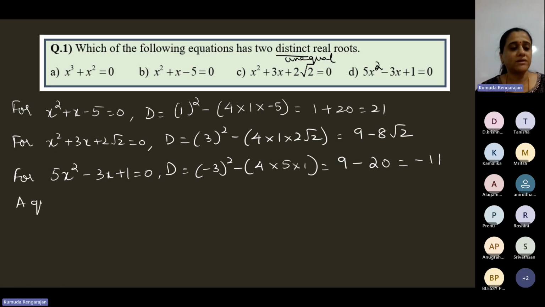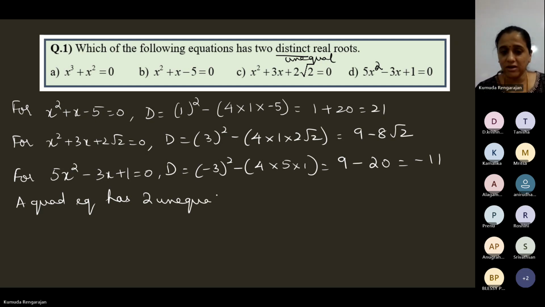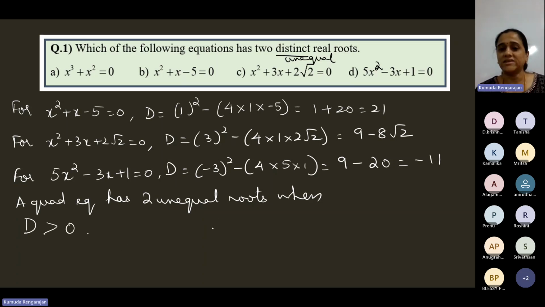A quadratic equation has 2 unequal roots when D is greater than 0. Correct? So where is D greater than 0?